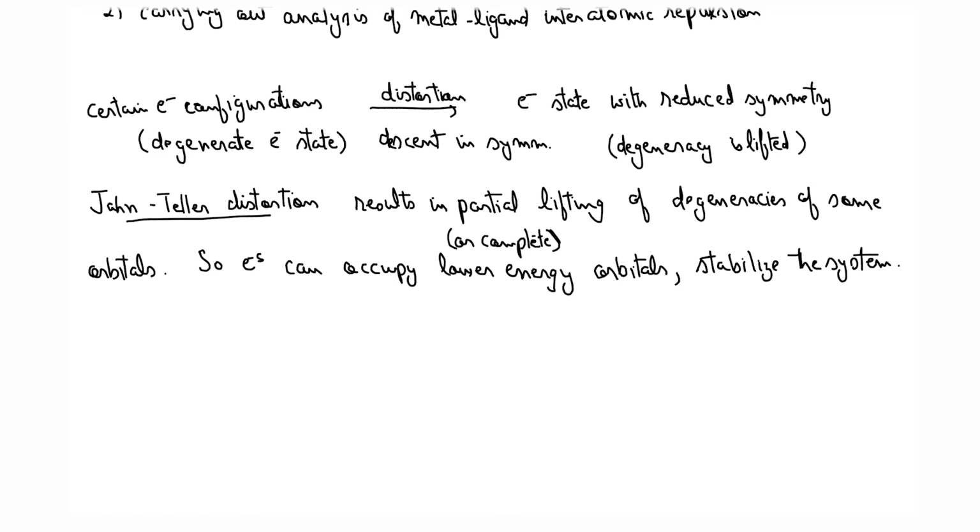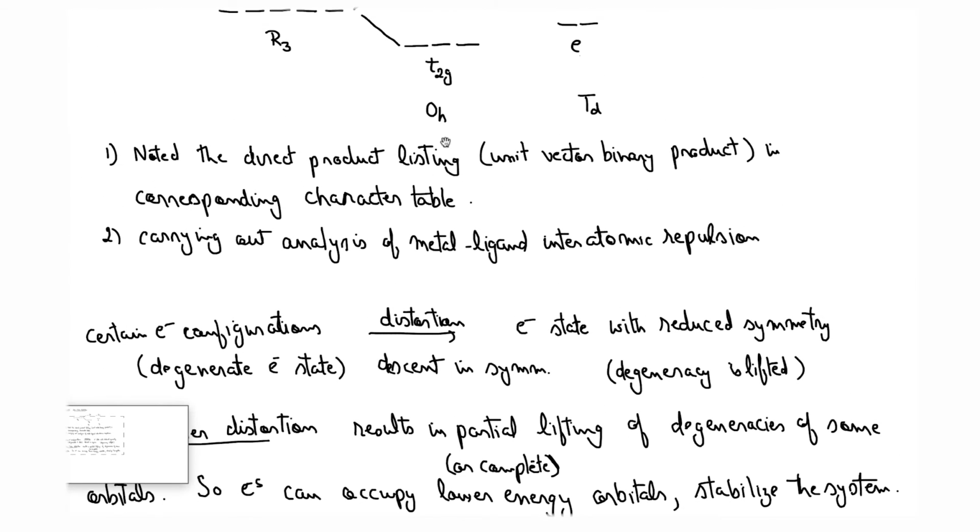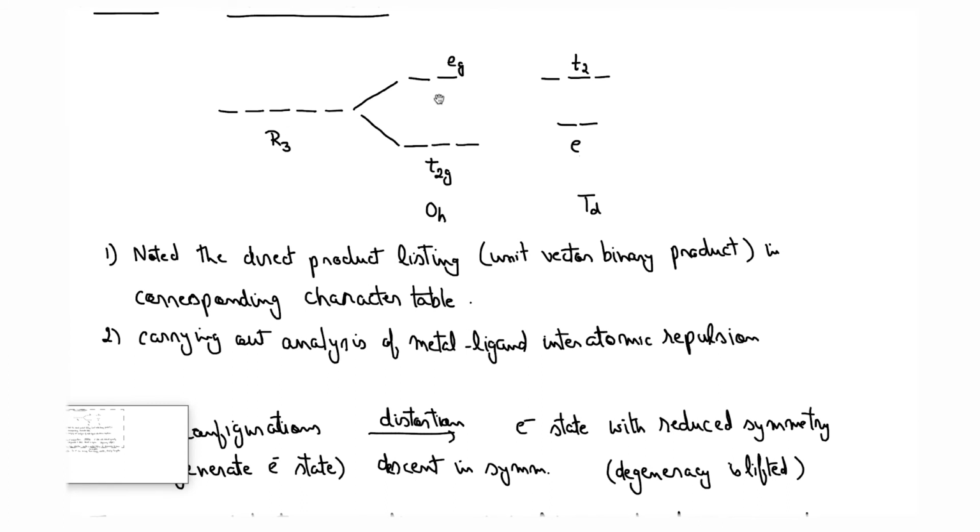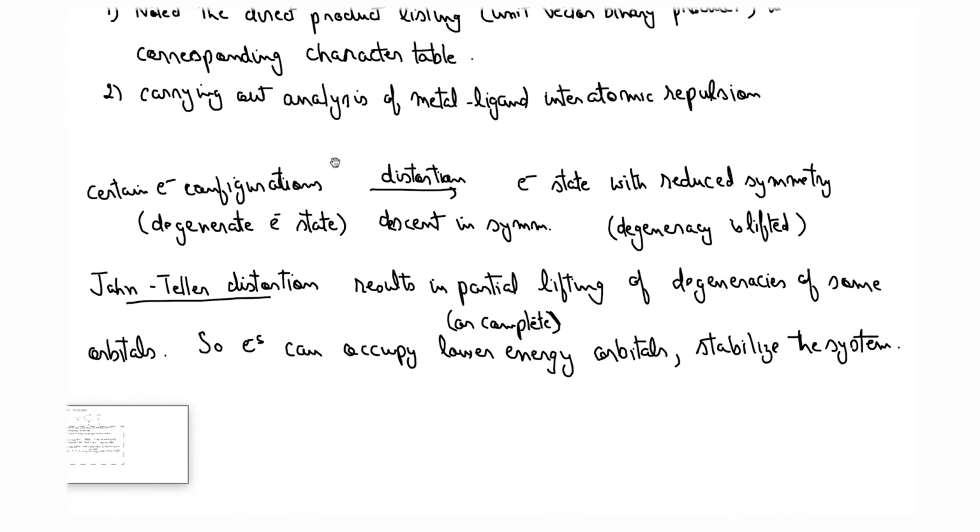This is not a Jahn-Teller distortion, but again there is a descent in symmetry. So earlier electrons were occupying this state, and now they occupy T2g and Eg. So some of the electrons will occupy a lower energy state, so the overall energy as compared to R3 will be lower in case of octahedral, right? So when you go descent in symmetry, you are actually lowering the energy of the system, thereby stabilizing the system.